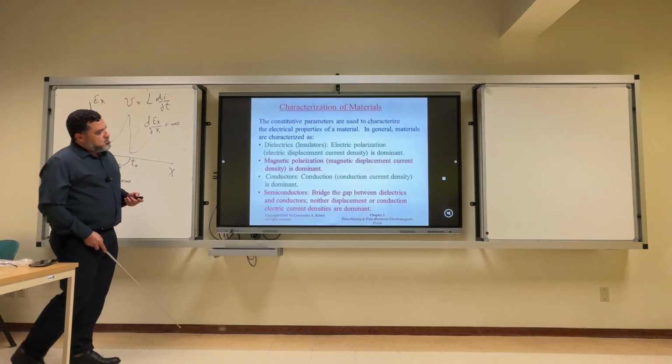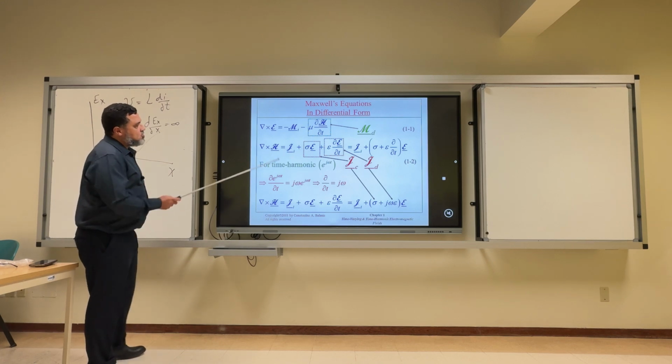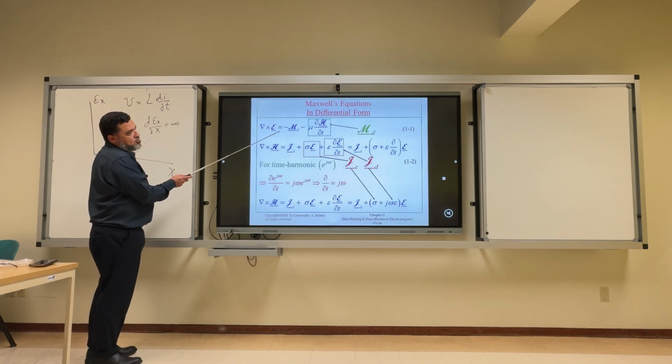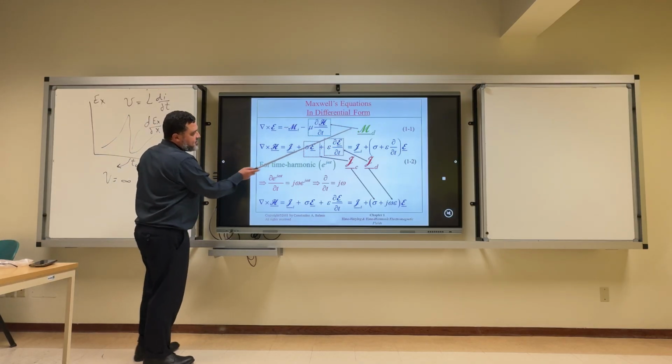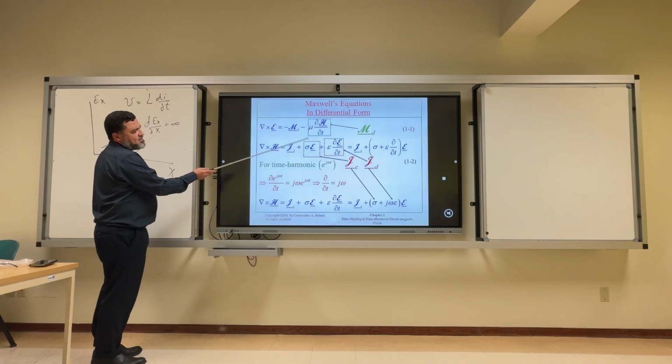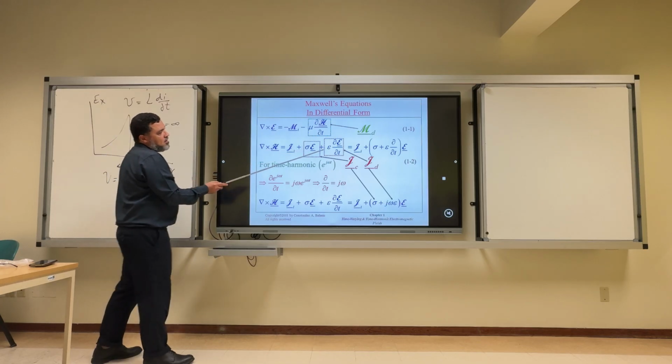So looking here at the differential form of Maxwell's equation in time domain, this term is the magnetic displacement current density, and we can now replace the conduction electric current density by sigma E, based on the constitutive relation we have taken.